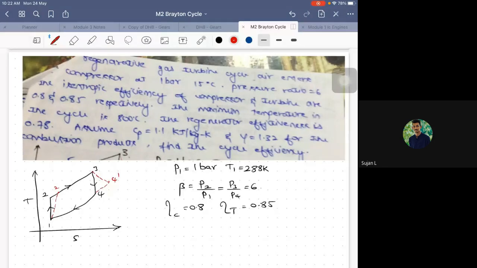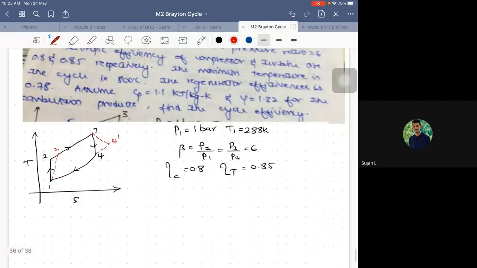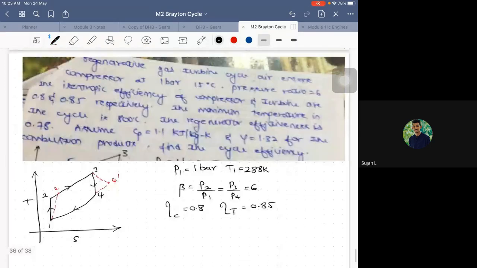Okay. Next. The maximum temperature in the cycle is 800 degrees Celsius. What do you mean by maximum temperature in the cycle? Which one is the maximum temperature? T3. So I would write T3 is equal to 800 plus 273, which is 1073 Kelvin.